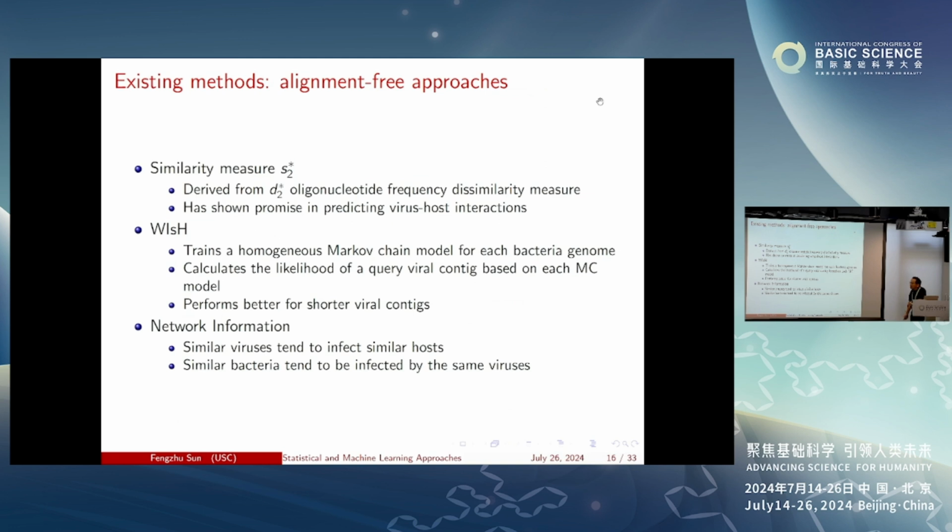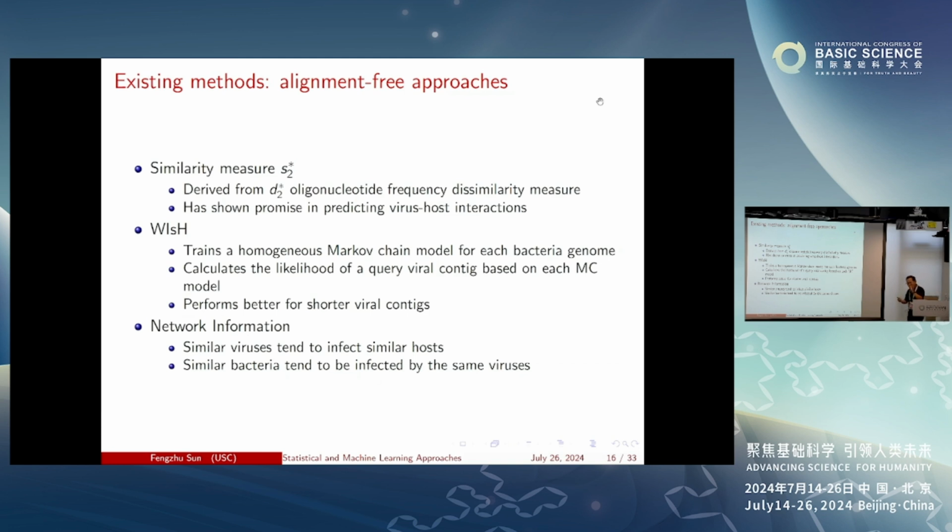Okay, so another thing is the so-called alignment-free method. Actually, before we studied this problem, my group had been developing alignment-free measures for comparing two sequences, and how best to compare the two sequences using the k-mer frequency. That's the alignment-free method.